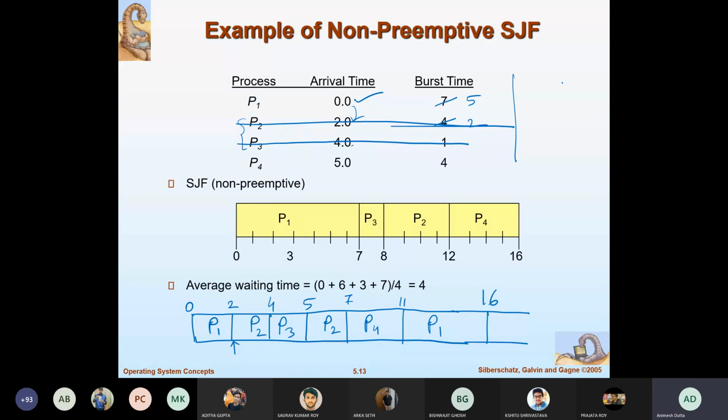If you have any confusion I can discuss further. Kshitiz, did you understand? Yes, sir. Any doubt or confusion? No, sir.